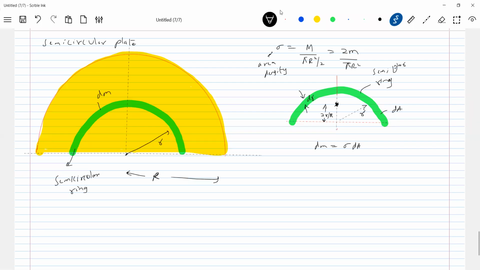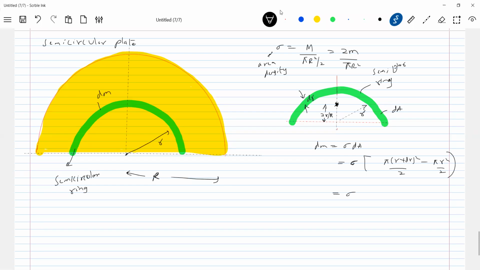So shall we do one thing? dA should be equal to pi into r plus dr whole square by 2. Is that okay? If I take a semicircular plate of radius r plus dr, and in that I subtract a semicircular plate of radius r, then I'll get the area of that strip.